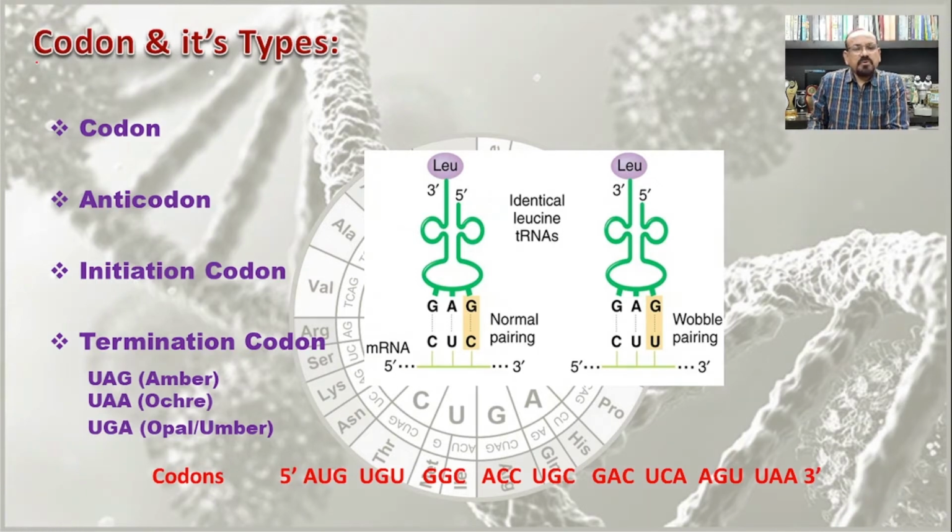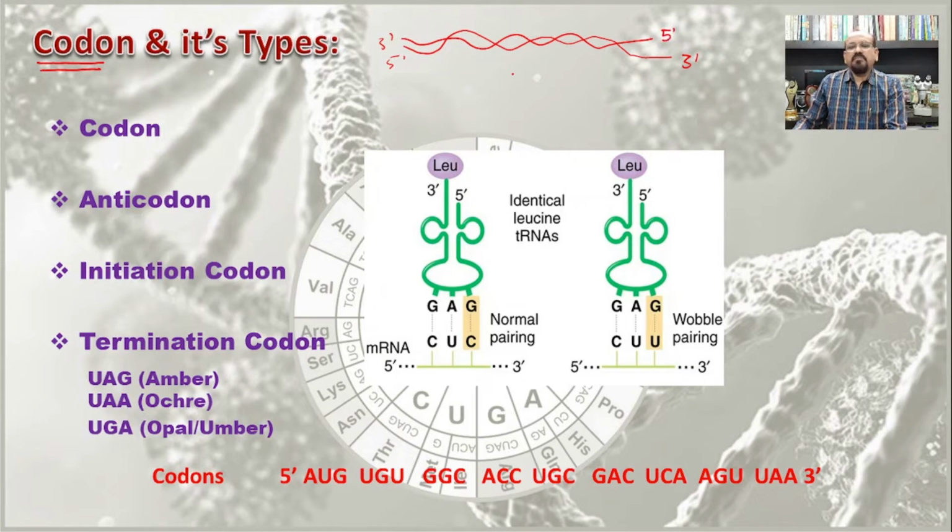Now if you see the codon, as we have seen, the DNA molecule is a double stranded structure, and both the strands are anti-parallel to each other. It means that one of the strands is used for the formation of mRNA, and that template strand which is to be used for the formation of this mRNA will have complementary base pairing.